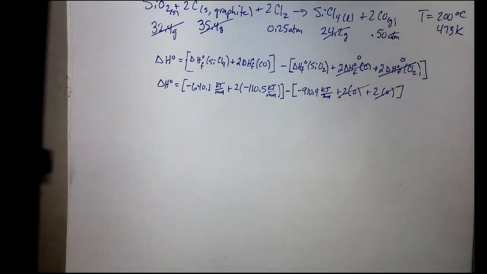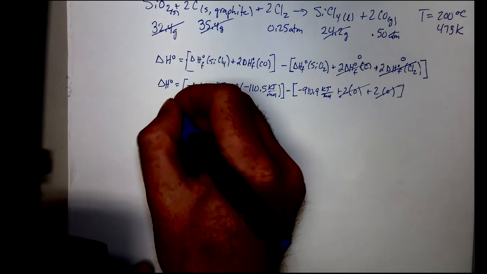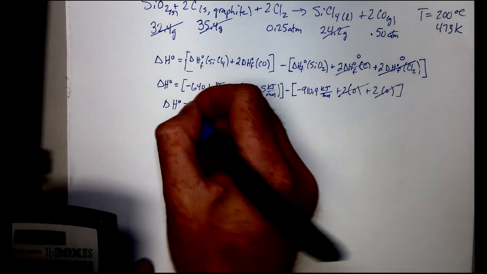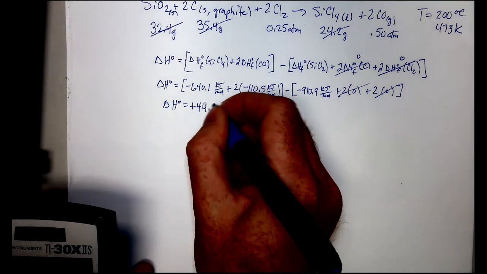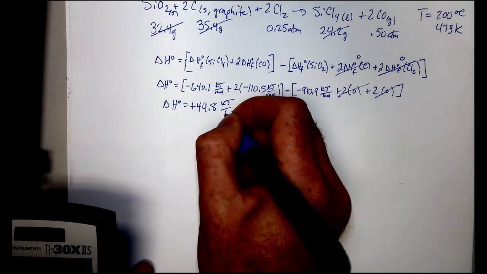So then running all that through our calculator, delta H standard is a positive 49.8 kilojoules per mole.